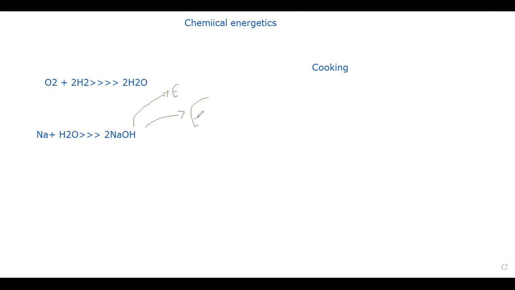What does it mean? So I have two different kinds of chemical reaction. Some chemical reactions release energy to the surrounding. Some chemical reactions, like cooking, need energy from the surrounding. So in chemical energetics, we will study two main parts.